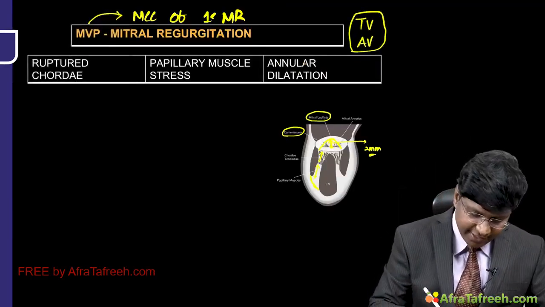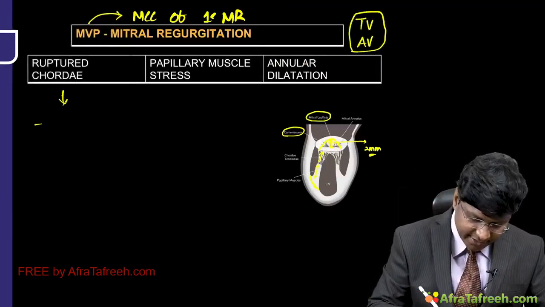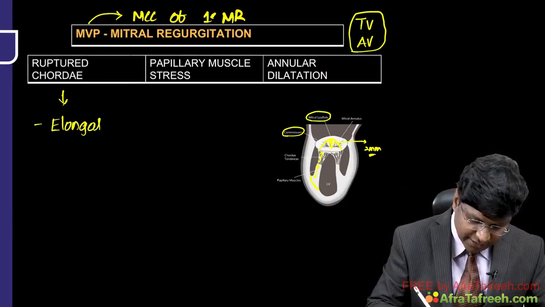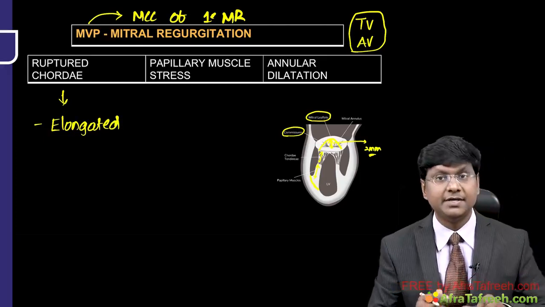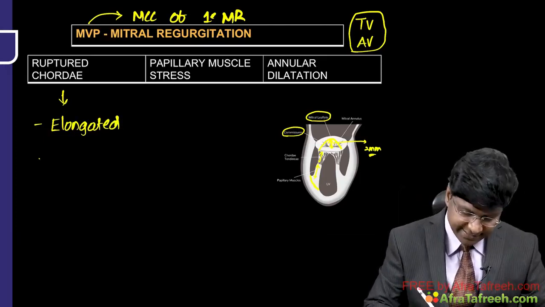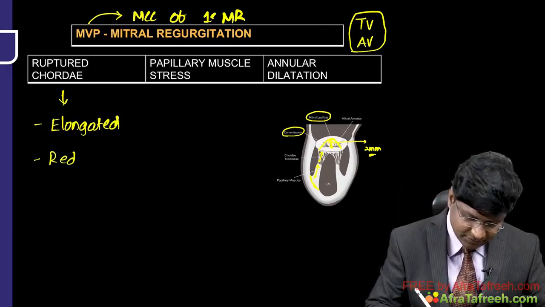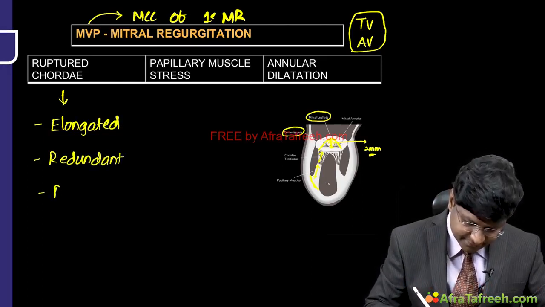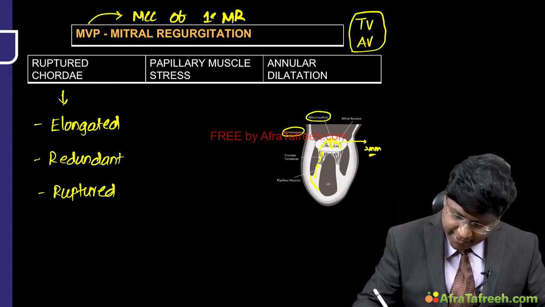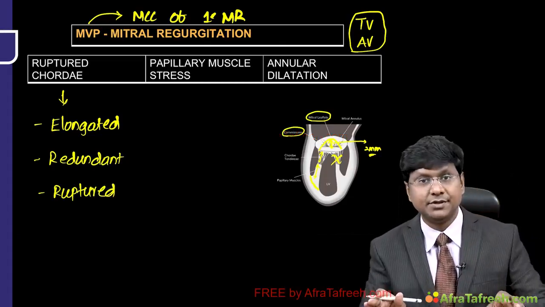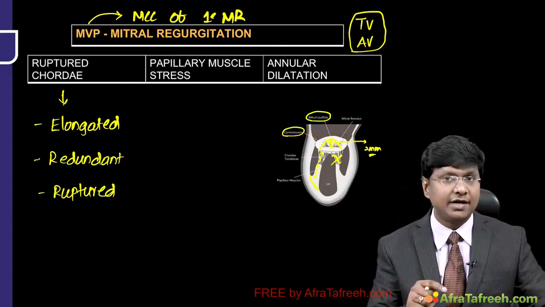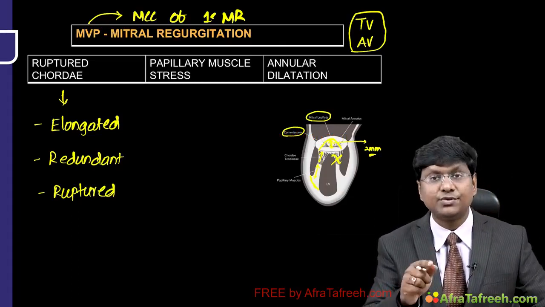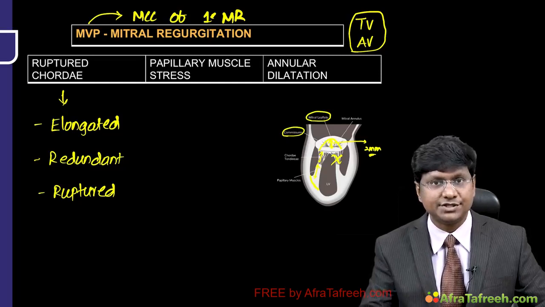What happens to these chordae tendineae is that they become elongated whenever the mitral valves are prolapsing into the left atrium, and they become redundant, and at one point of time they get ruptured, right? The ruptured chordae tendineae will contribute to the development of mitral regurgitation.